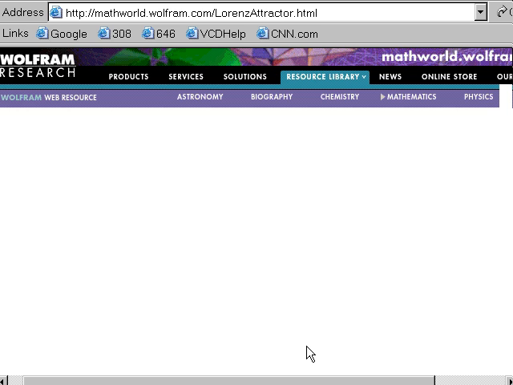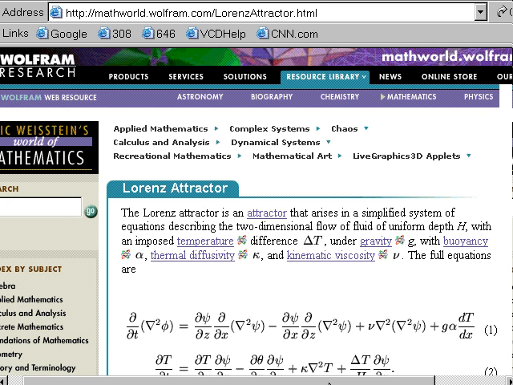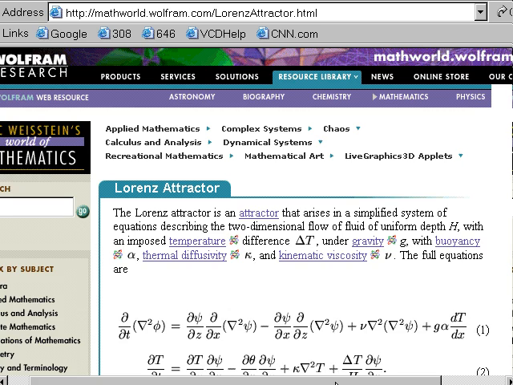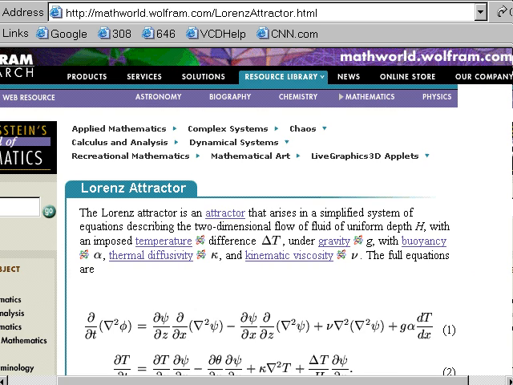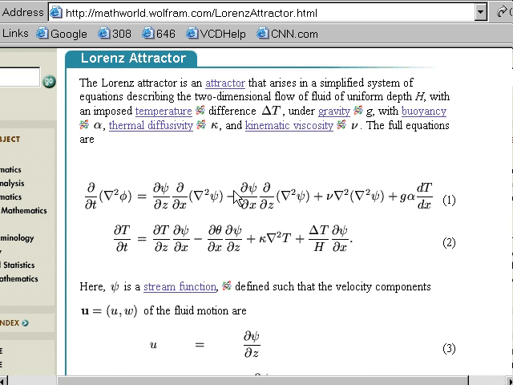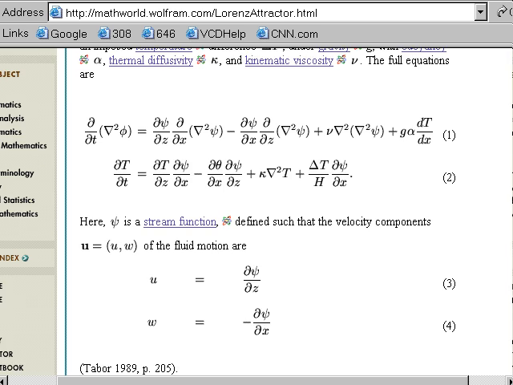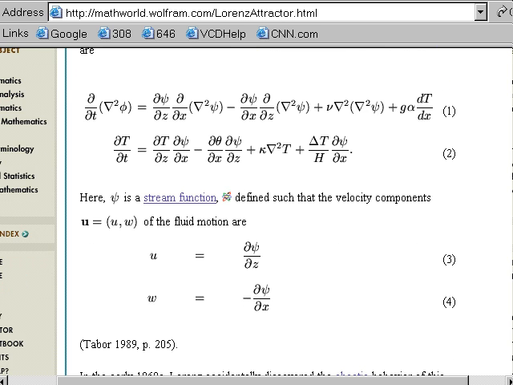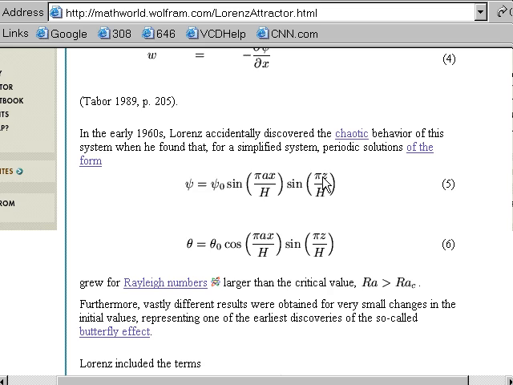Now, it actually arises from a meteorological model, which is given here as a system of nonlinear partial differential equations. There's all sorts of products and first derivatives and second derivatives. And this comes from hydrodynamics.